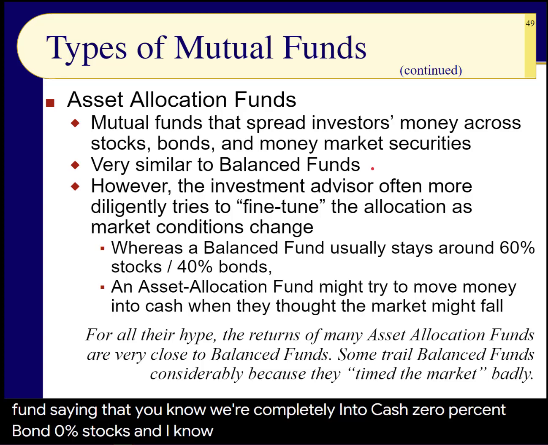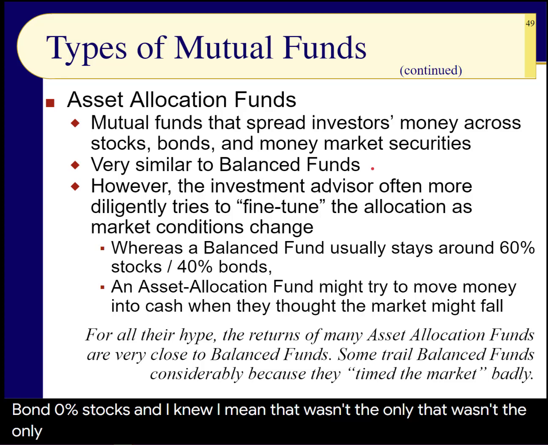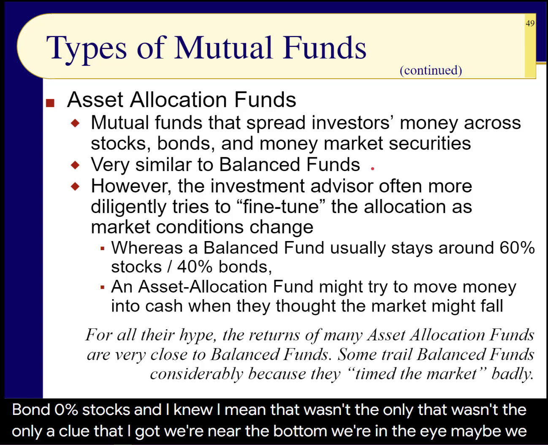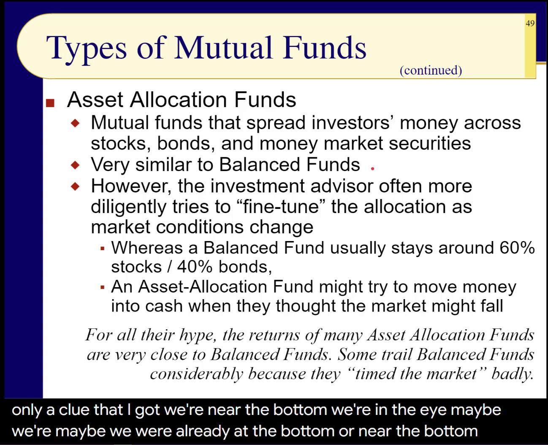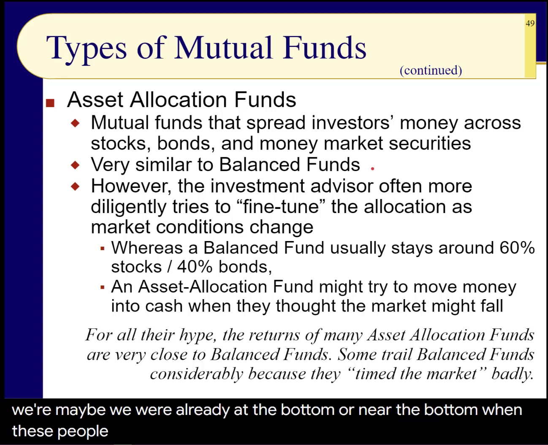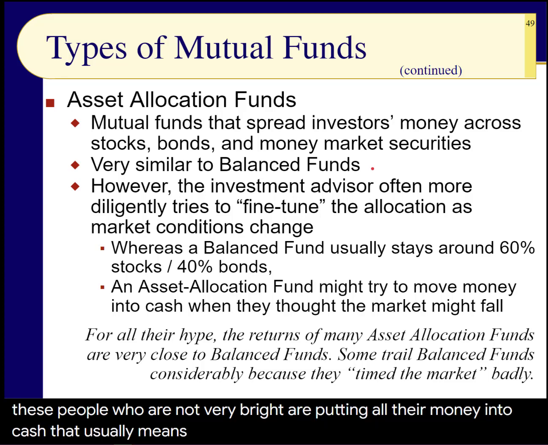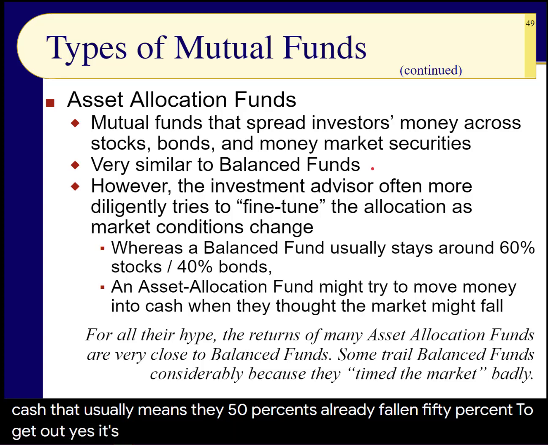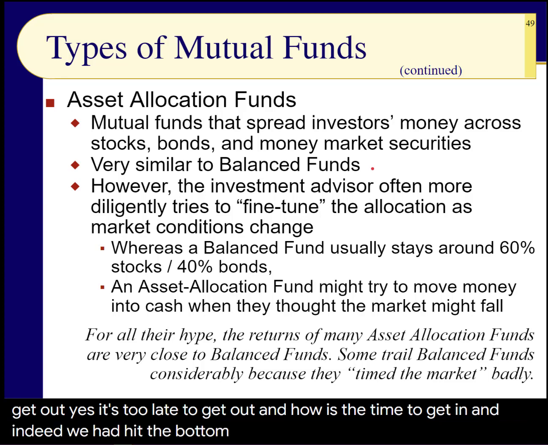And I knew, that wasn't the only clue that I got, we're near the bottom. Maybe we're already at the bottom. We're near the bottom when these people who are not very bright are putting all their money into cash. That usually means they believe the market's going to fall. It's already fallen 50%. Is it too late to get out? Yes, it's too late to get out. And now's the time to get in.